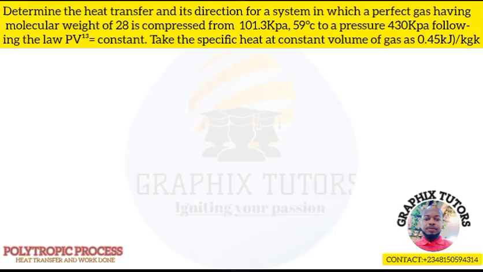So the first thing you do here is write out your given data. The first data we have here is the molecular weight, M sub W. You can just say capital M, which is 28 kilogram per kilomole. Now we have the pressure, because it said it is compressed from.